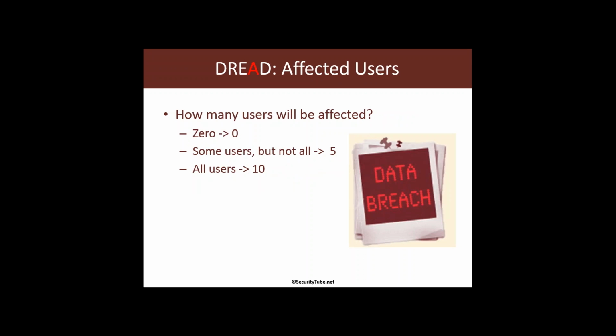Affected users. If it affects your whole customer base, or if it's default users, all users, it's a 10, right? And this is important because you can have the exact same vulnerability on your revenue-producing e-commerce server, and you can have the exact same vulnerability on a laptop of a person who's on vacation.